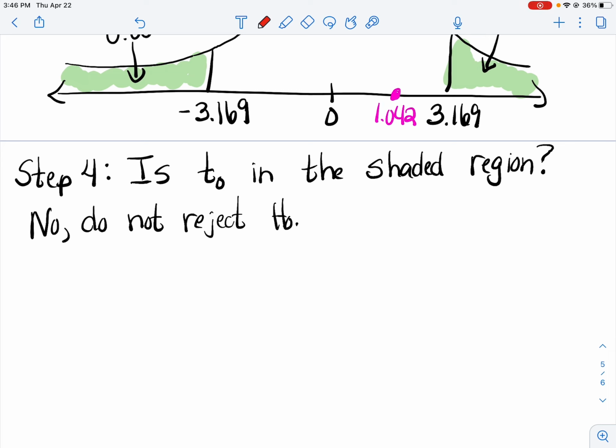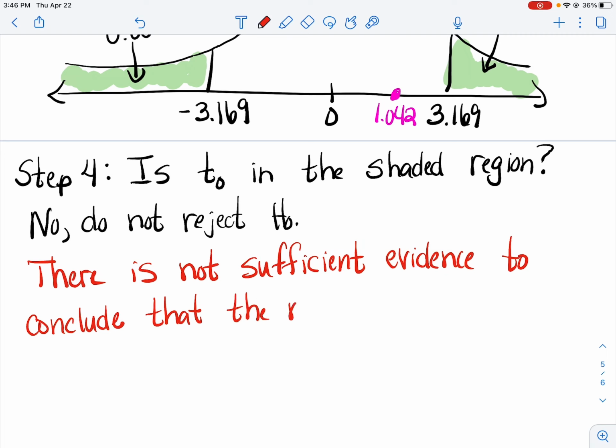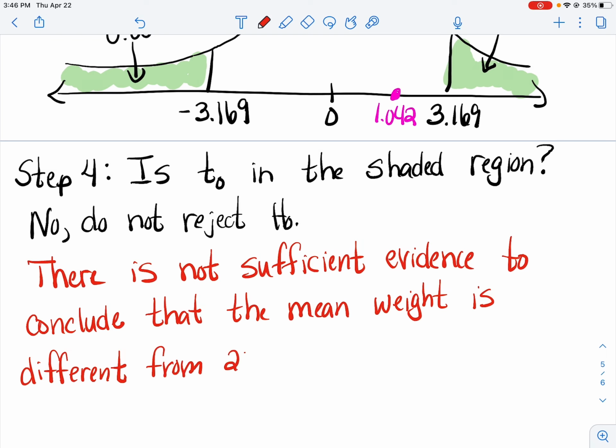In the context of this problem, we would say something like this: there is not enough evidence, or sufficient evidence, to conclude that the mean weight is different from 20.1 grams.